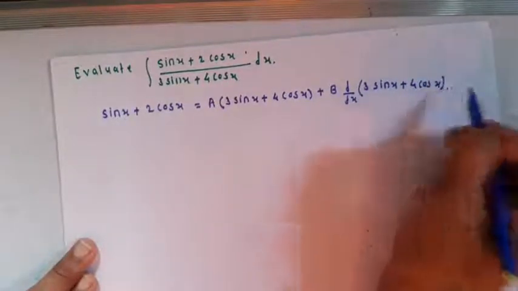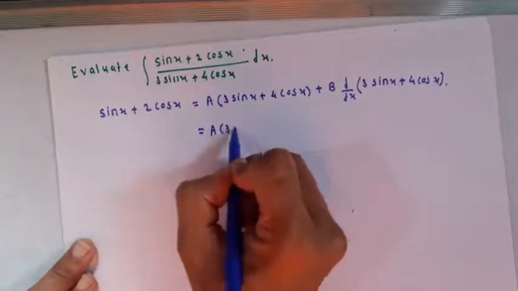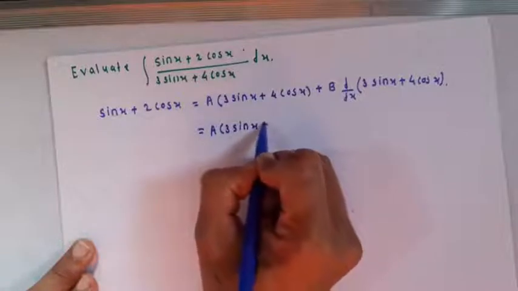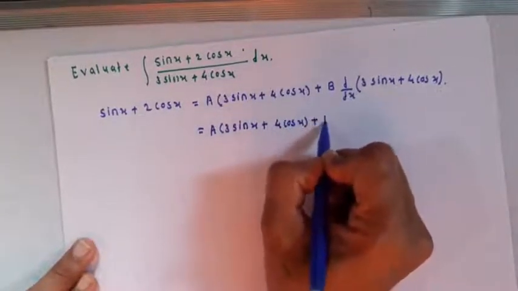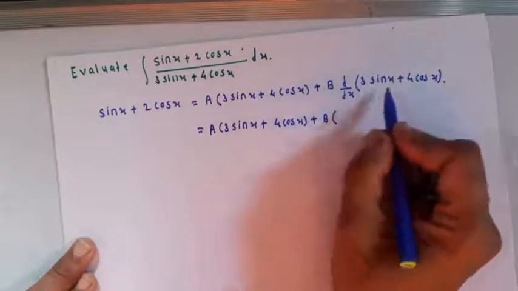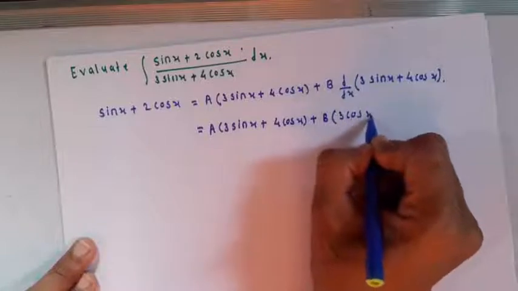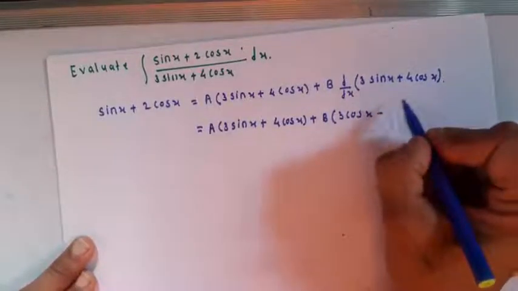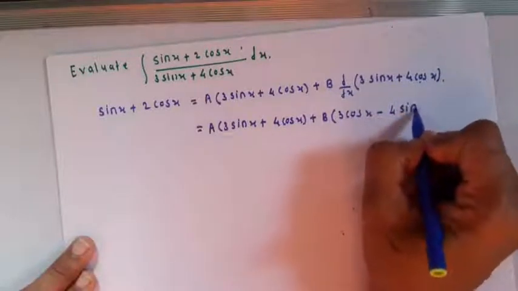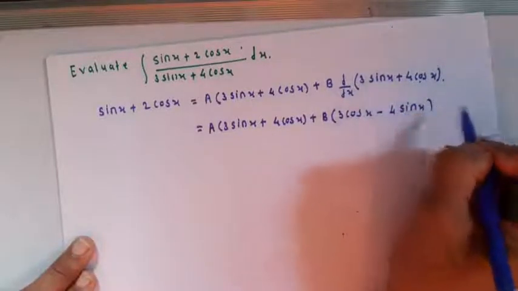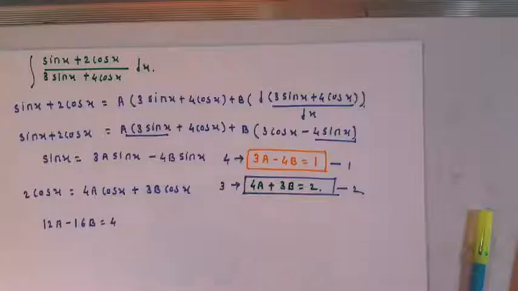Okay students, and now this is equal to a into (3 sin x plus 4 cos x) plus b into (3 as a constant, derivative of sin x is cos x, that is 3 cos x, plus 4 as it is, and derivative of cos x is minus sin x), so plus minus minus sin x, and this is the numerator.